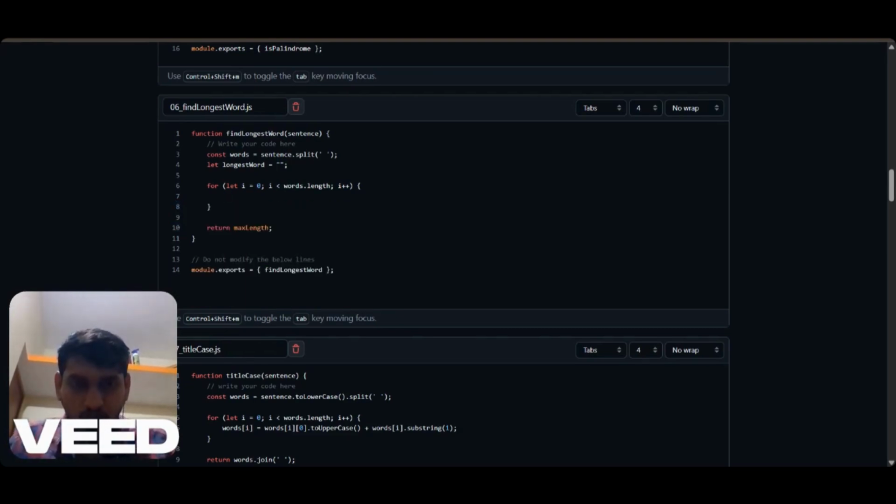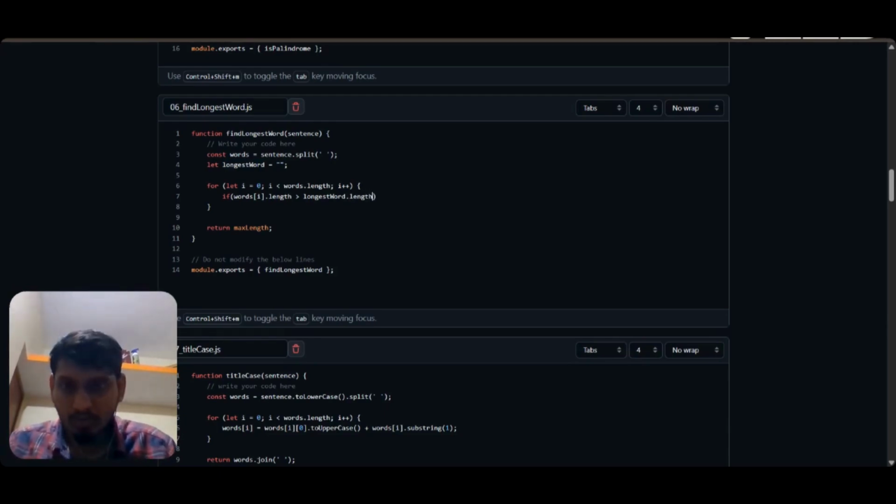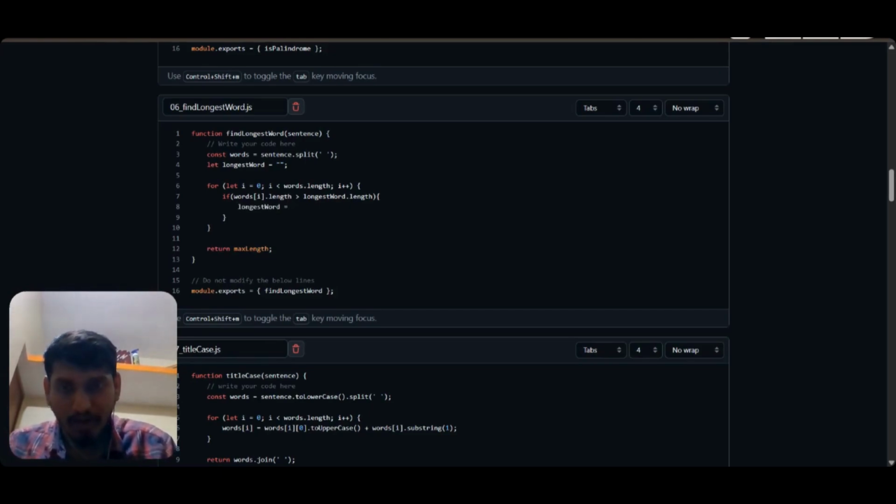Then we check if words of i, that is each word's length, is greater than the longest word's length. Every time we store that word, words of i, into longest word. So we return the longest word.